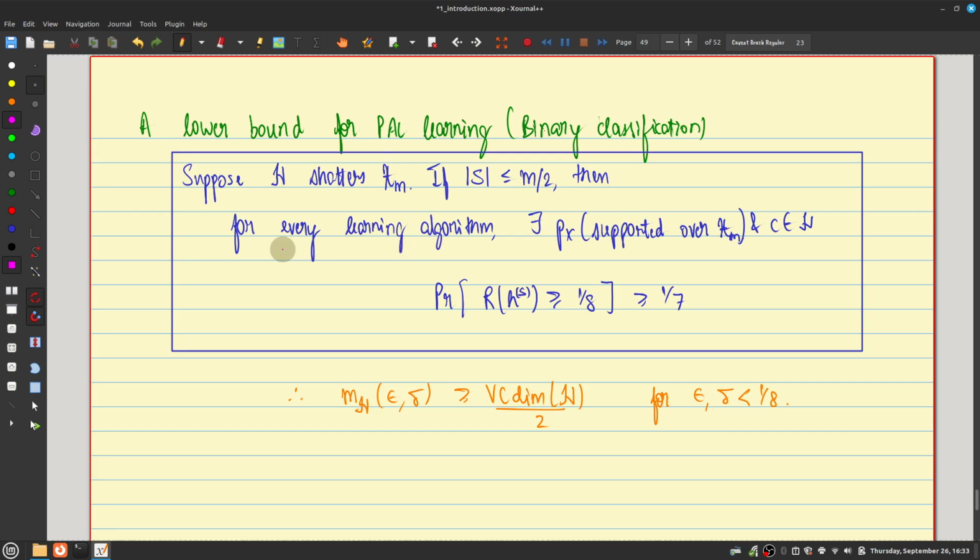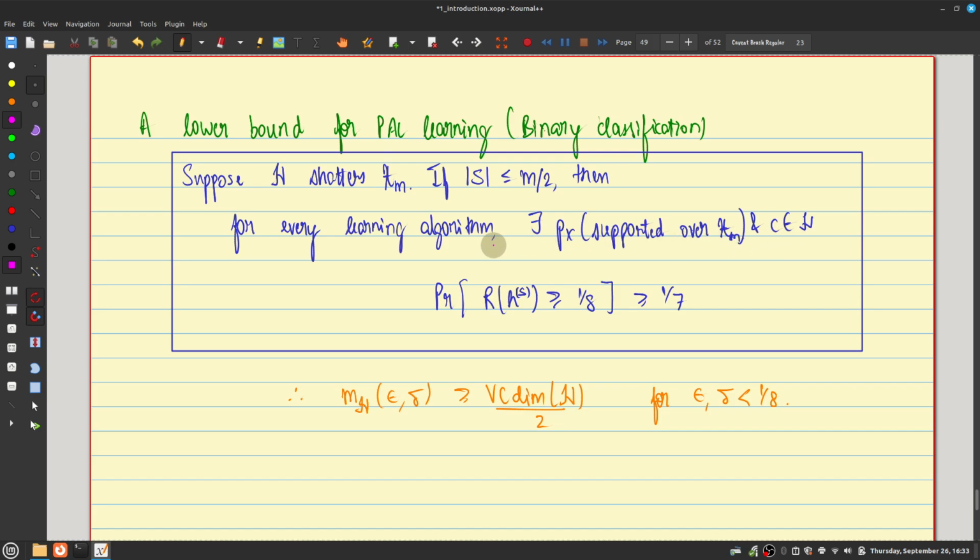So in other words, no matter how you choose your learning algorithm, for every choice of a learning algorithm, there is some distribution and some concept, right? Remember that the concept class, when restricted to Xm, should be the set of all possible functions from Xm to {0, 1}.